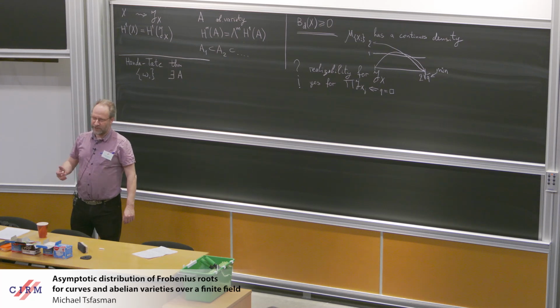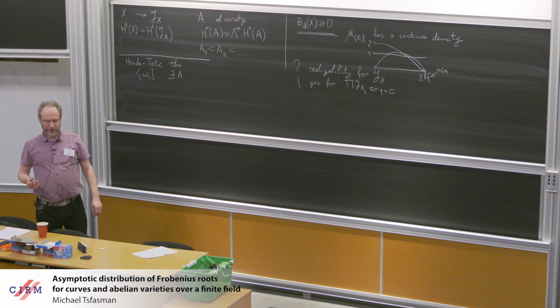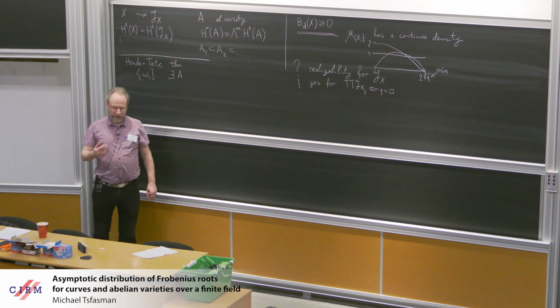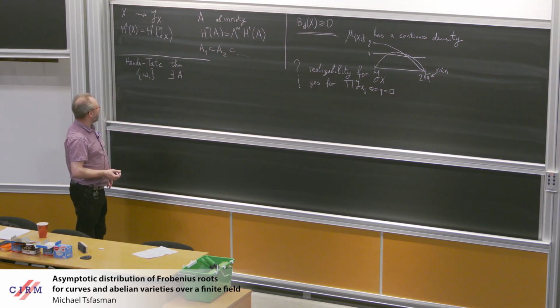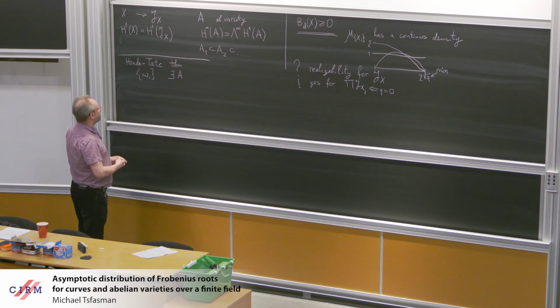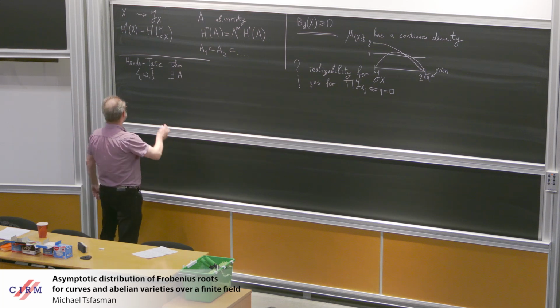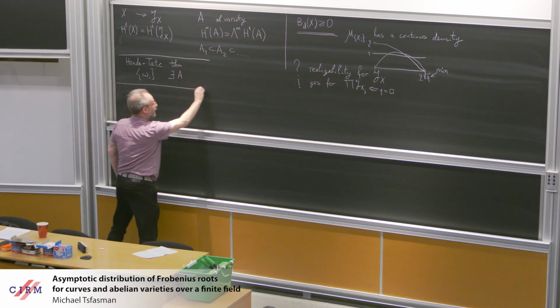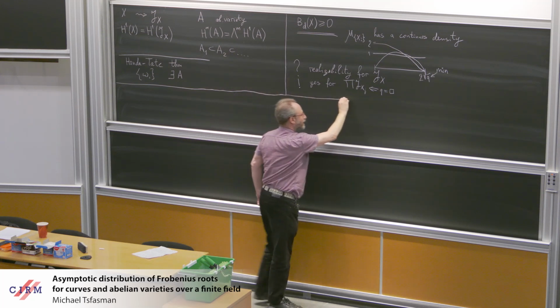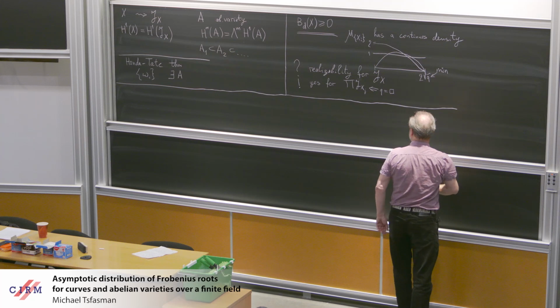In most cases, you get an elliptic curve, but in some cases, you get a two-dimensional abelian variety with repeated Frobenius roots. But for the asymptotics, it doesn't matter at all. And so now we pass again to number theory. This is another part of number theory, which has nothing to do with zeta functions.